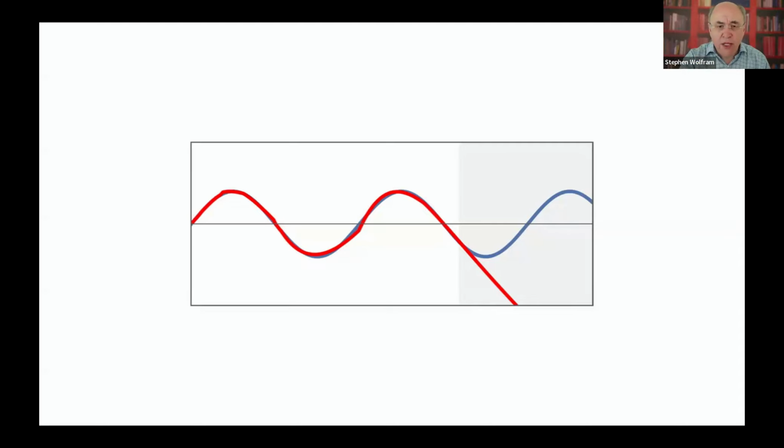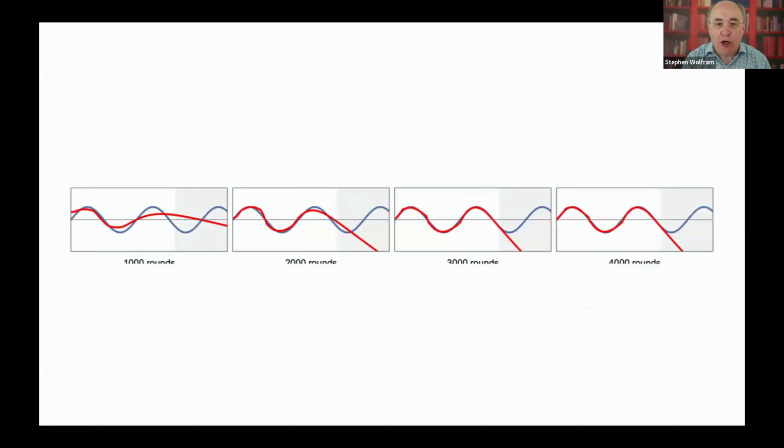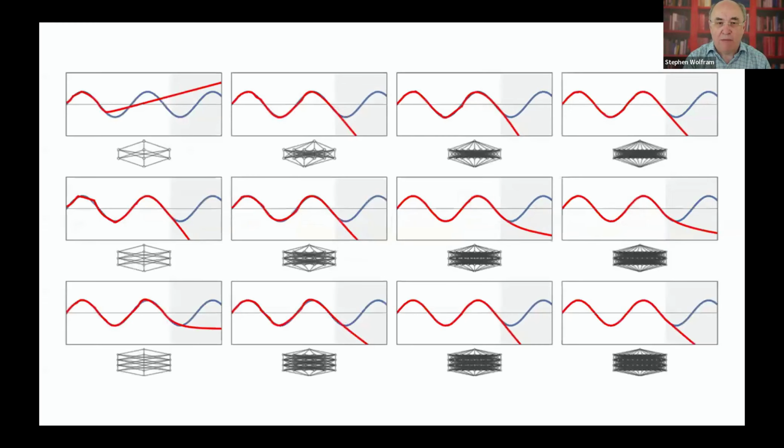And then you ask the neural net to extrapolate, to generalize. It does a fairly crummy job. And for example, this is what happens in successive steps of training, successive thousands of steps of training of the neural net. It doesn't succeed in figuring out that extrapolation. Similarly, if you try different sizes of neural nets, they will have different levels of performance in being able to do that extrapolation.